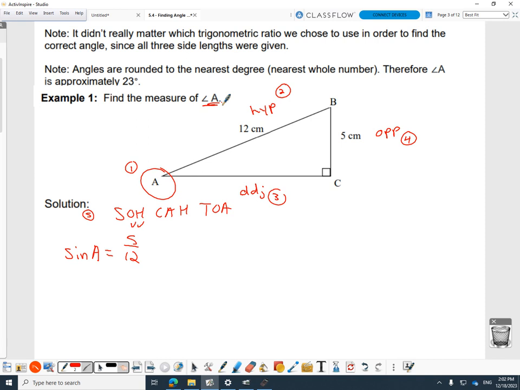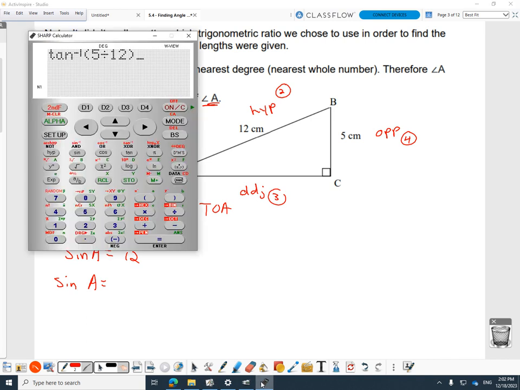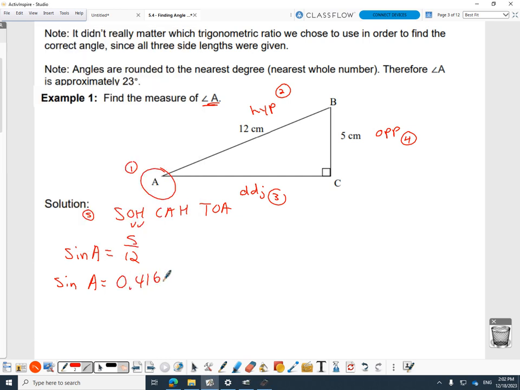It undoes sine. And you can do the decimal thing, so I'll put that line in there. I'll find out what 5 divided by 12 is in decimal: 0.41, and then a lot of 6s.